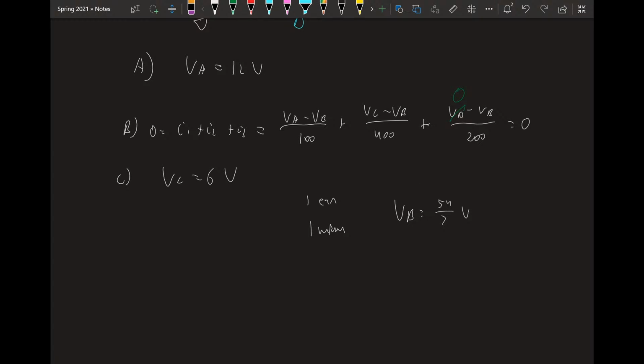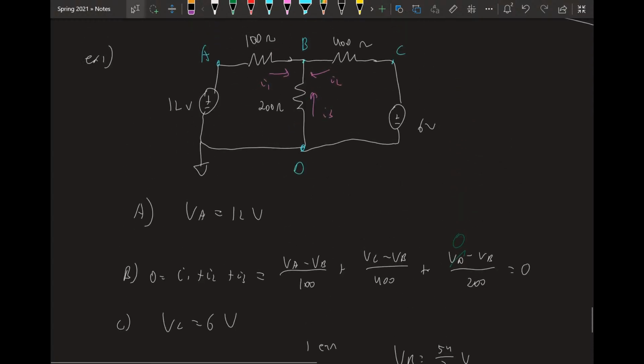Why do you subtract VC minus VB? Ah, yes, that's a good question. It's because I defined the current as going this way. So because the current is going this way, that means my terminals have to be here.